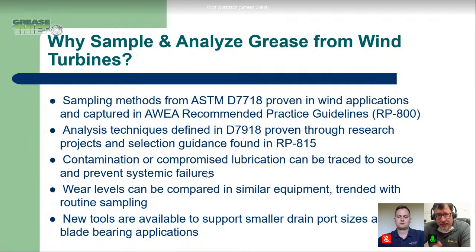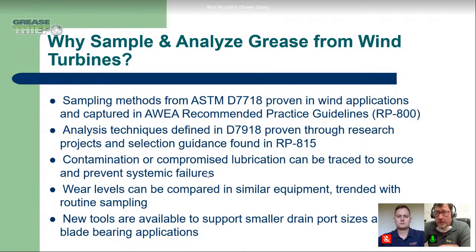So it's been developed, it's been evaluated, it's been tested through R&D, and now there are standards around taking samples and analyzing greases from wind turbine components. We know that contamination or compromised lubricant, either the wrong lubricant, mixed lubricants, lubricants that have degraded, can be traced to the source. How did this happen? Why did it happen? Use that to prevent systemic failures.